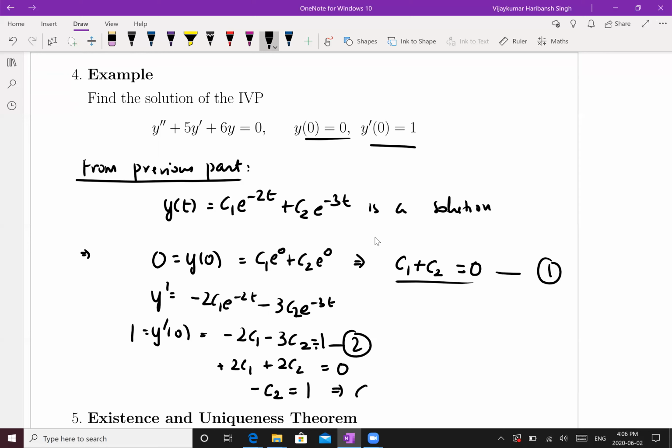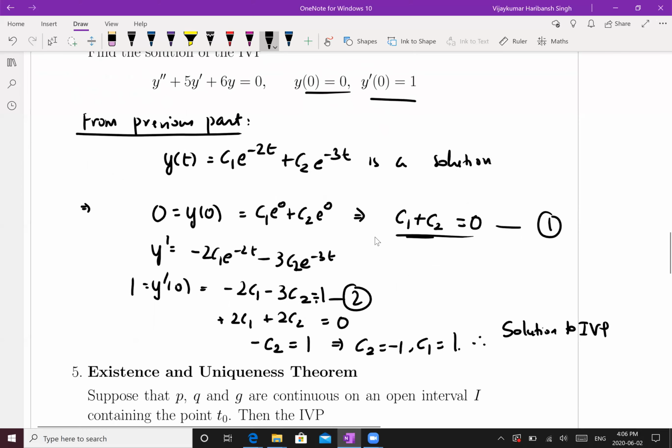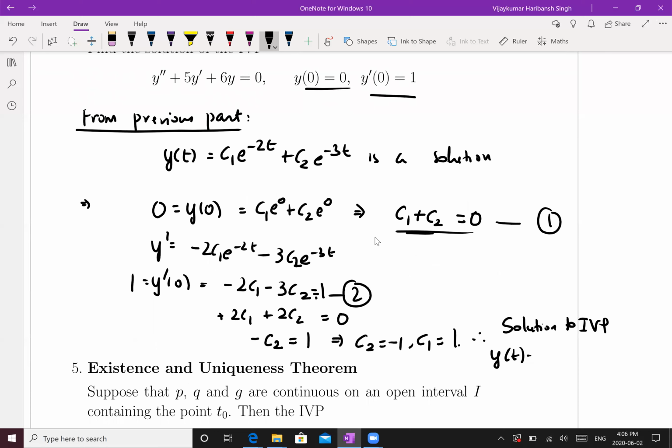So this implies c2 equals minus 1, and when you put this in the first equation, you get c1 equals 1. So therefore, the solution to the initial value problem is y of t equals e to the power minus 2t, for c1 we have 1, and for c2 we have minus 1, so minus e to the power minus 3t.